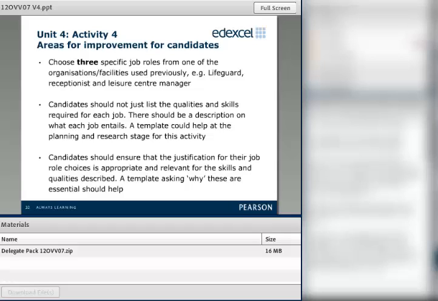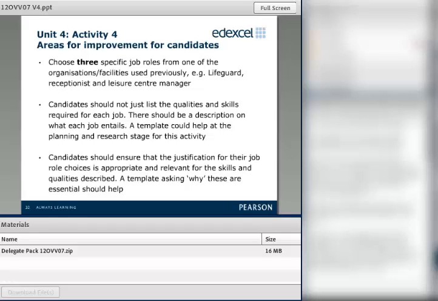For areas for improvement here, if you're choosing 3 specific job roles, it's best if you choose 3 different levels. So here, you've got the lifeguard, the receptionist, and the leisure centre manager. If you don't make them wide apart, they're too similar.